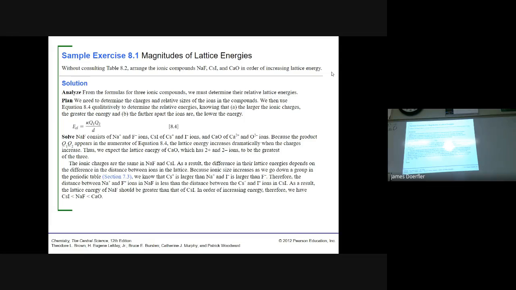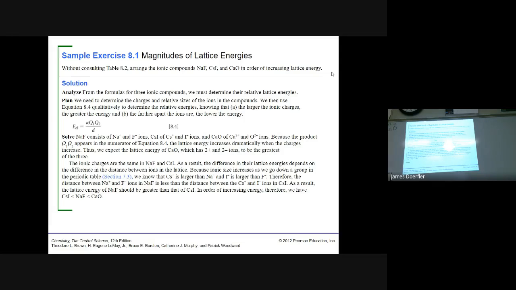Now let's look at the remaining 2. What's the issue with the remaining 2 compounds? And if you're to ignore the signs, what's the issue? Same numbers, therefore same magnitude of charge. Okay?